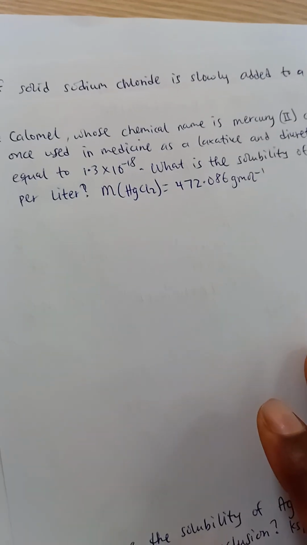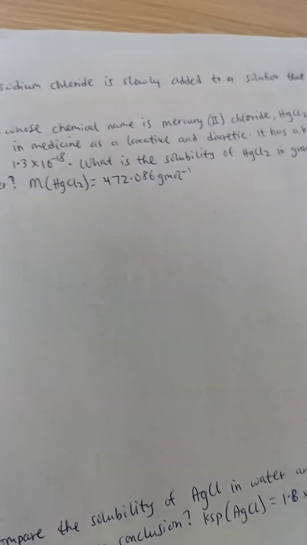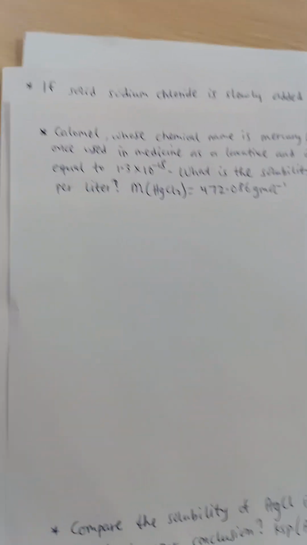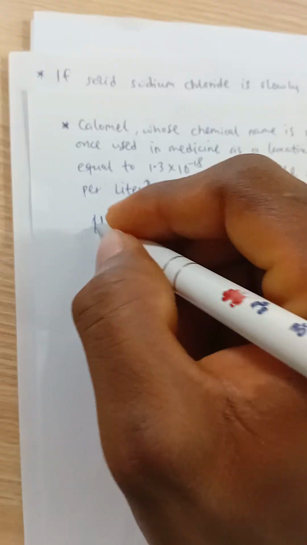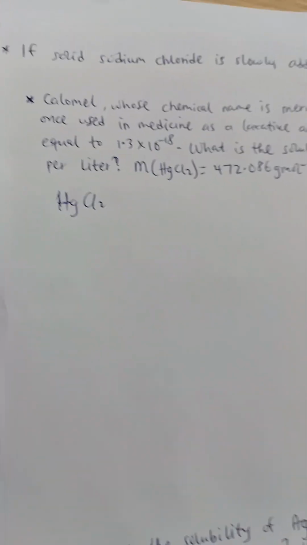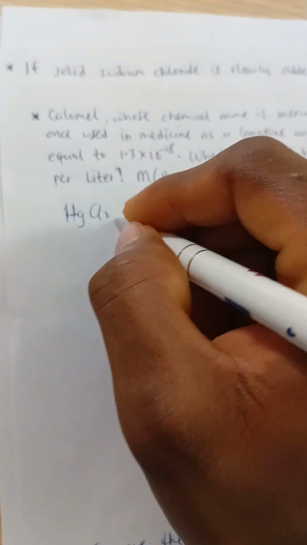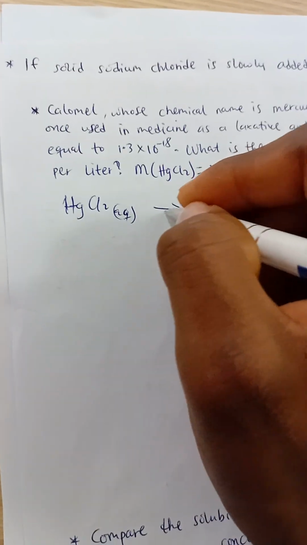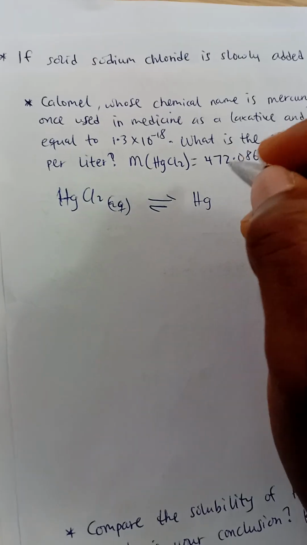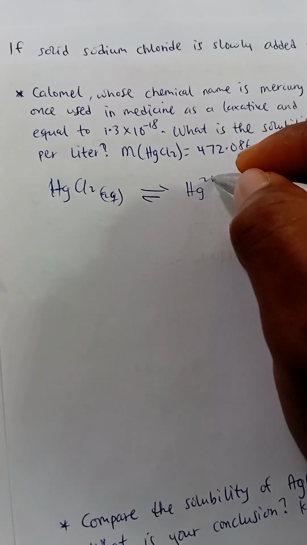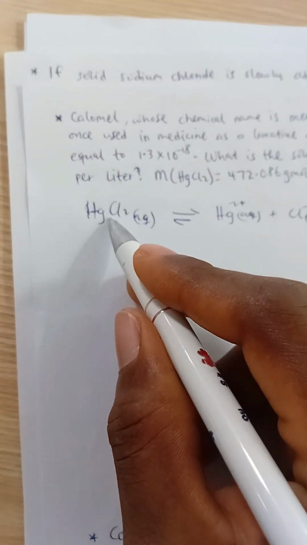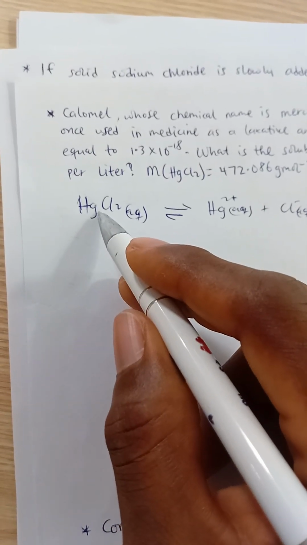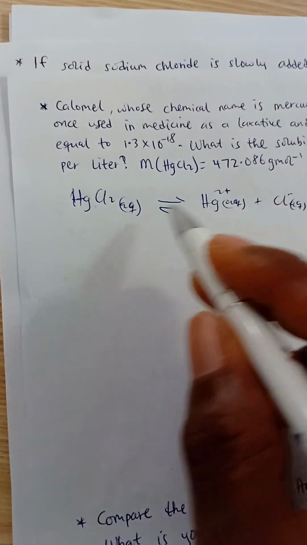So straightforward, we just write our equation of dissociation, then we move on. So we have our mercury 2 chloride, HgCl2 aqueous, we have Hg2+ aqueous plus Cl- aqueous. For balancing the total number of atoms: 1, 1, here 2, here is 1.